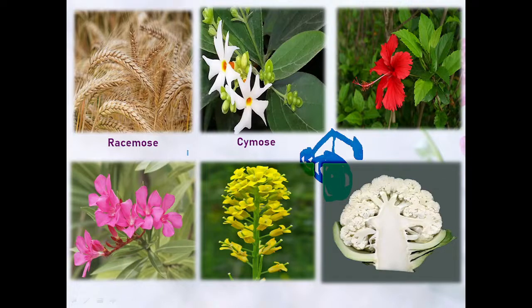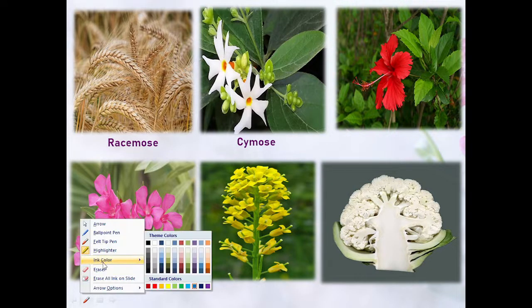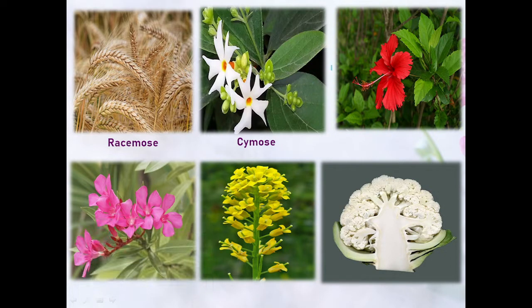Let me repeat it. This flower is growing first, followed by any of these two. That means the older flowers at the axis, newer flowers at the bottom. That means cymose.